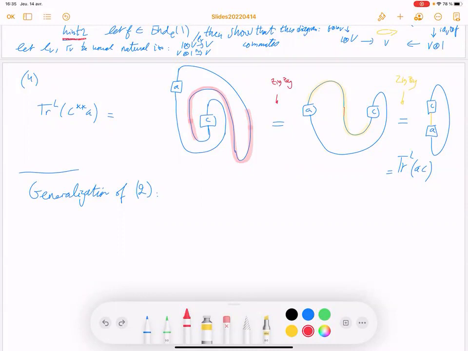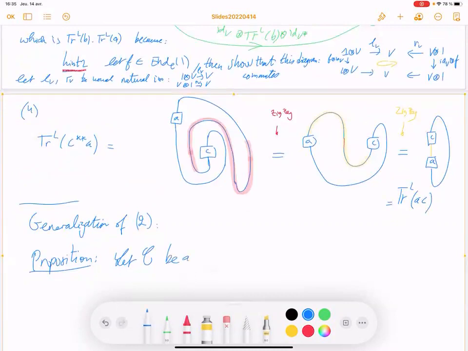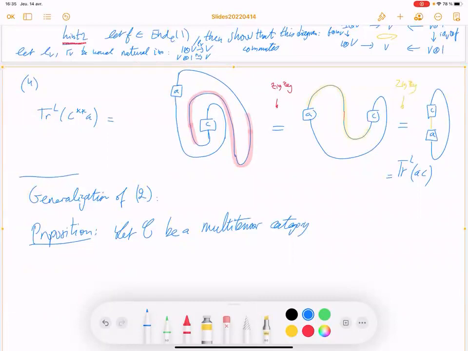So, proposition. You need to be in a multi-tensor category. So it's a generalization for multi-tensor category.